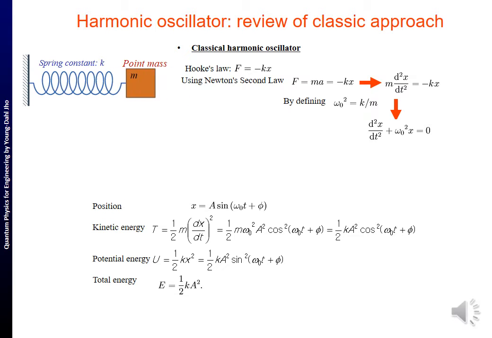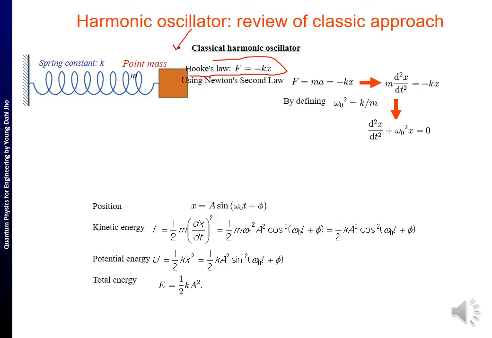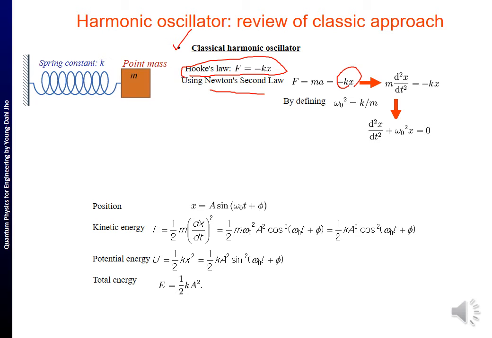So classically, the harmonic oscillator is described based on Hooke's law, F equal to minus kx. Then using Newton's second law, F equal to ma, and this is the same as Hooke's law.